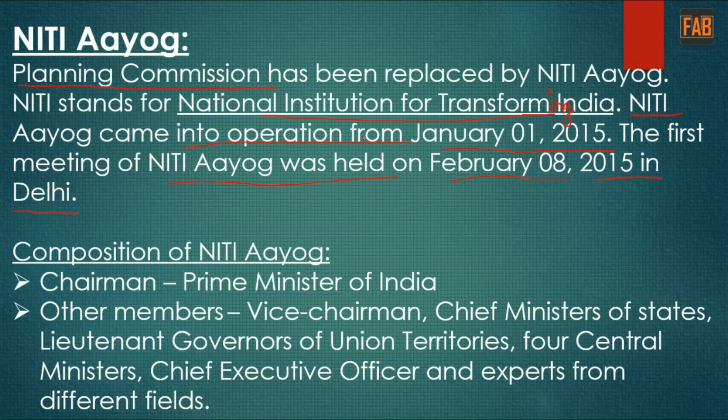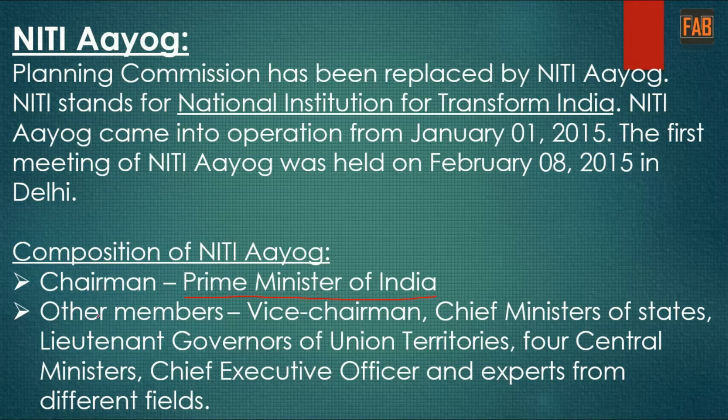In which place? In Delhi. And who are the members of NITI Ayog? The chairman, always remember, is the Prime Minister of India. The present Prime Minister of India is the chairman of NITI Ayog.